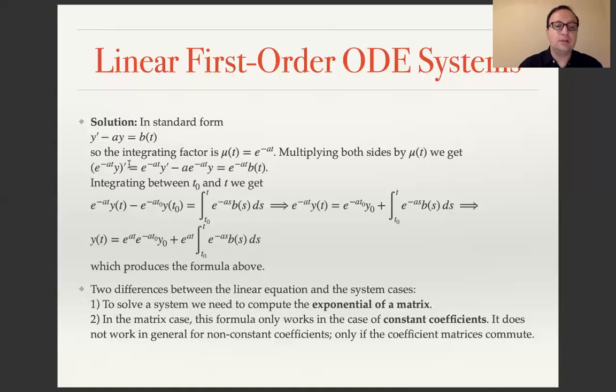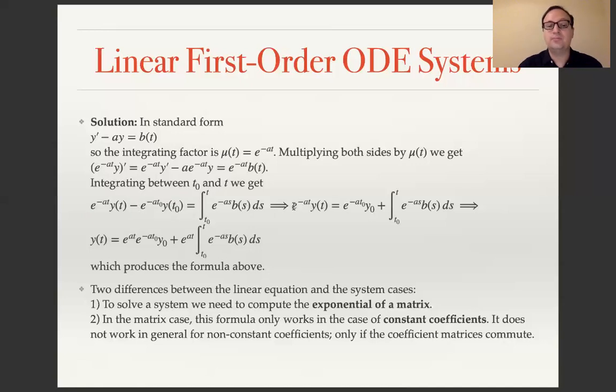And on the left-hand side, the integral of the derivative by the fundamental theorem of calculus is the difference between the function evaluated at t and the function evaluated at t0. So it's e to the minus at y of t minus e to the minus at0 y of t0.